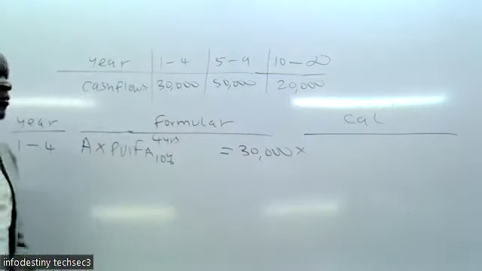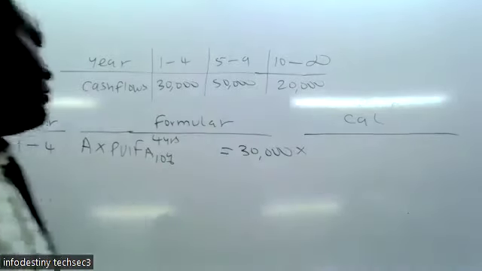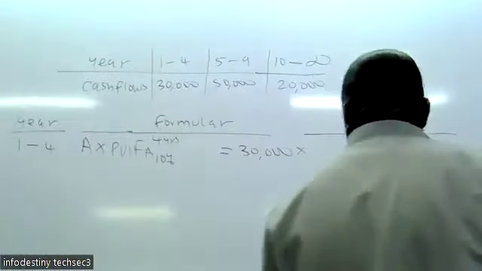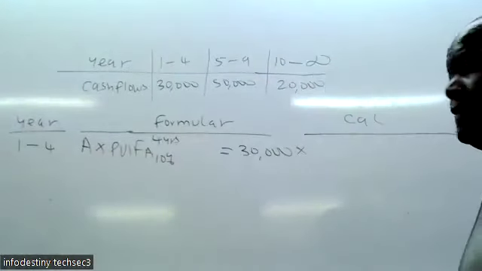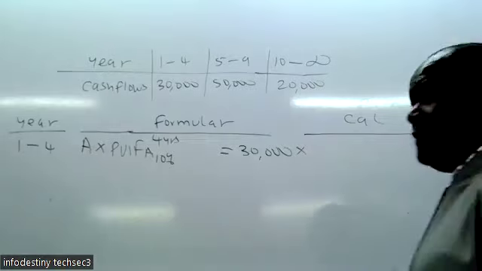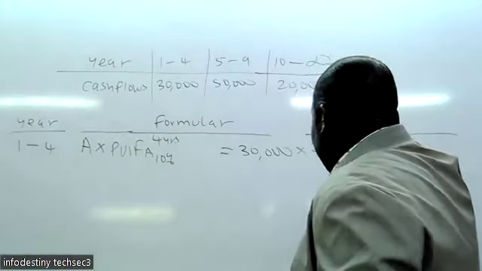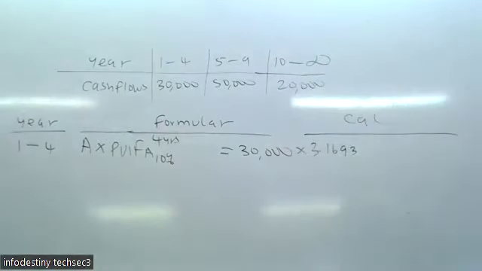So I would like you to confirm in that second table, that is the annuity table, what is there as 10% in year 4? 3.1699.